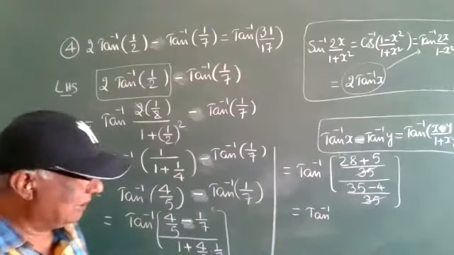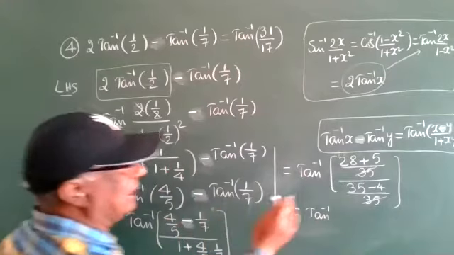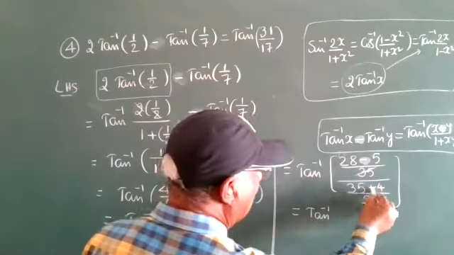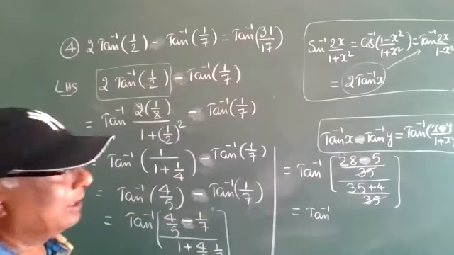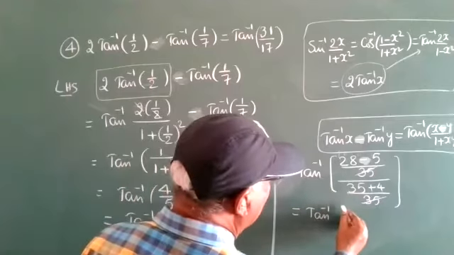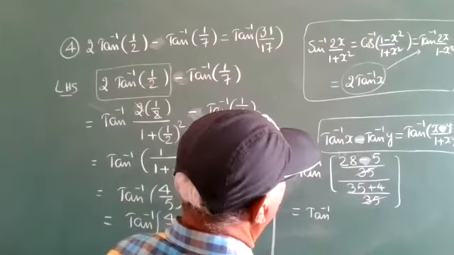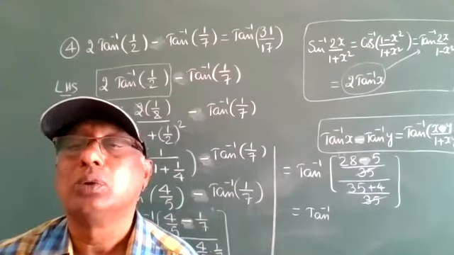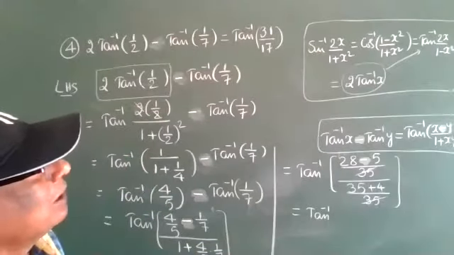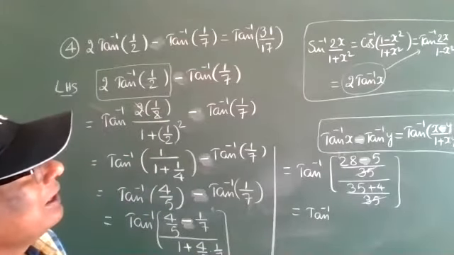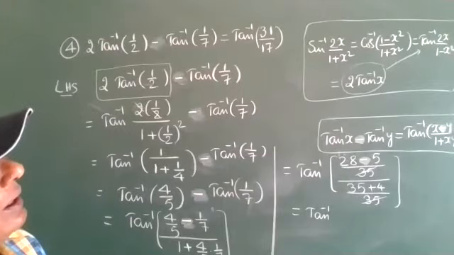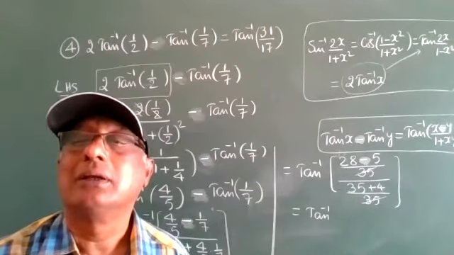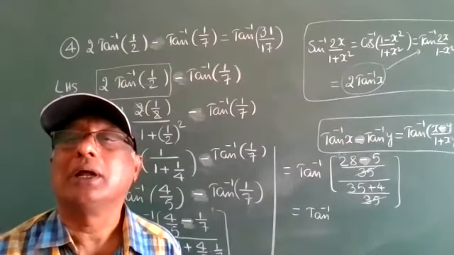Now see, 28 minus 5 by 35 plus 4. So why are we getting it wrong? The 2 tan inverse x formula is 2x by 1 minus x square, that is the correct one, not minus.